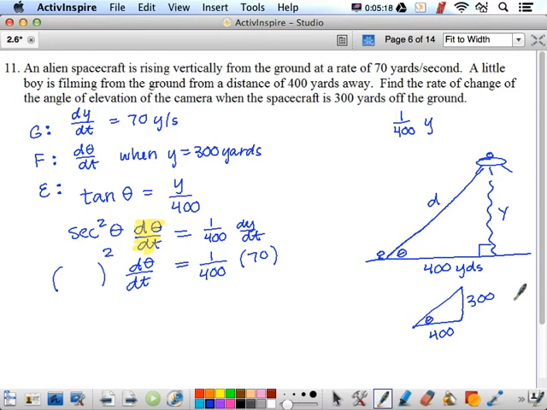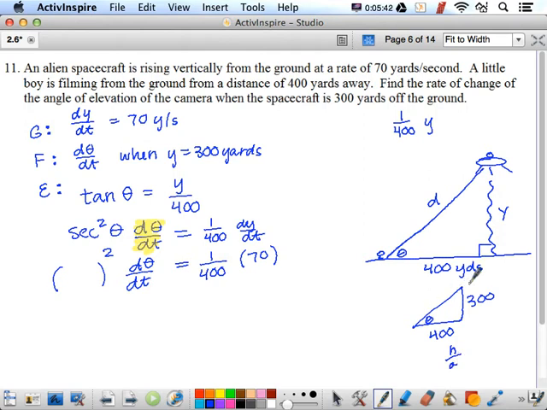So we don't care about the angle at all. I want to know what secant squared is at this moment in time. And what is secant? Do you remember? It is the reciprocal of cosine. And cosine is adjacent over hypotenuse, so secant is the hypotenuse over the adjacent.